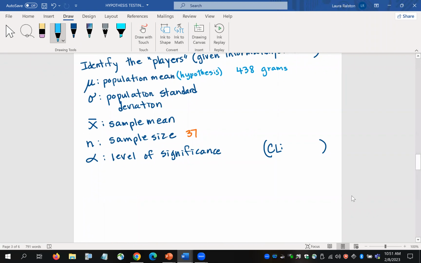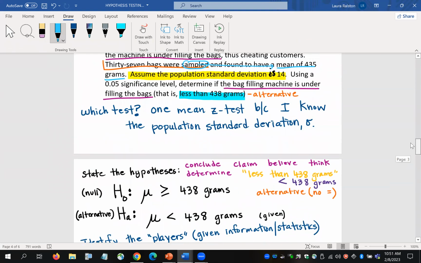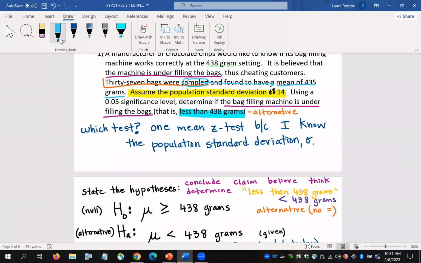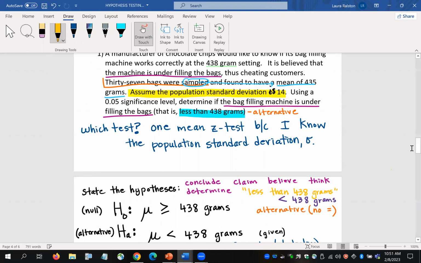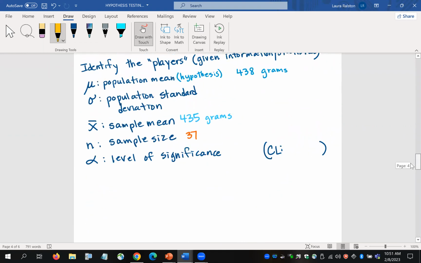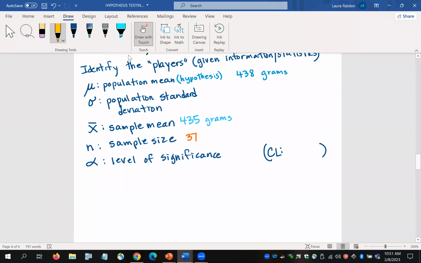So my sample mean was 435 grams. Then my 4th sentence, which I have highlighted in yellow, says assume the population standard deviation is 14. So my population standard deviation is 14.